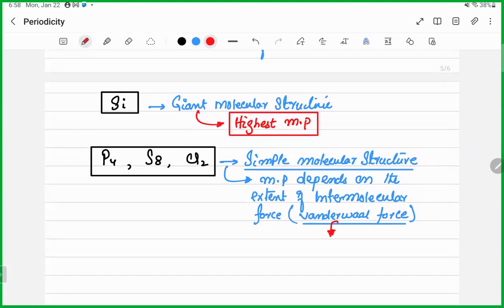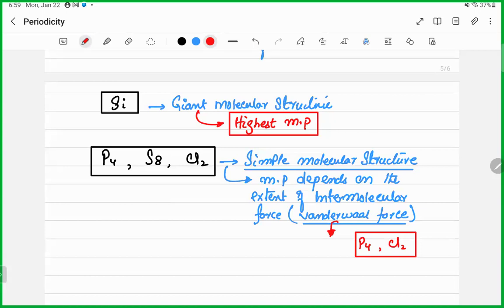एक सिंपल से सवाल का जवाब दीजिए. You have P4 and you have Cl2, and if I am asking which one of these has the highest melting point, or more dispersion forces are present, P4 or S8 और Cl2, तो आप कैसे सोचेंगे? आप बोलेंगे van der Waals force जिसमें ज्यादा होगी उसका melting point ज्यादा होगा.